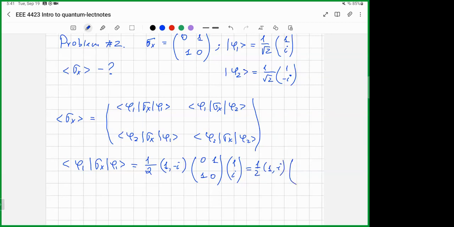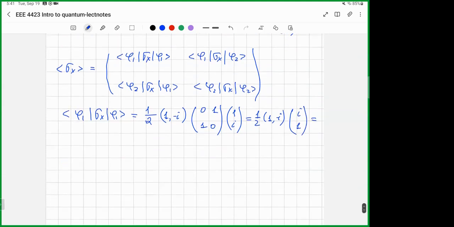It's going to be 0 times 1 plus 1 times I, which is I, and 1 times 1 is 1, so it's going to be I and 1. Then 1 times I is I, plus minus I times 1 is minus I. So I minus I is equal to 0.